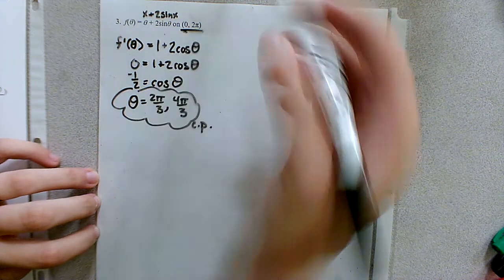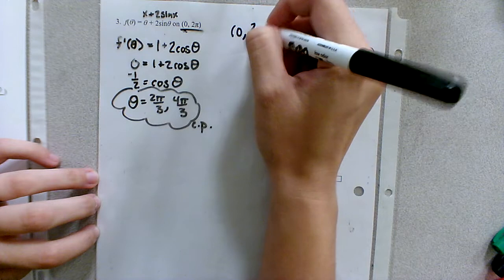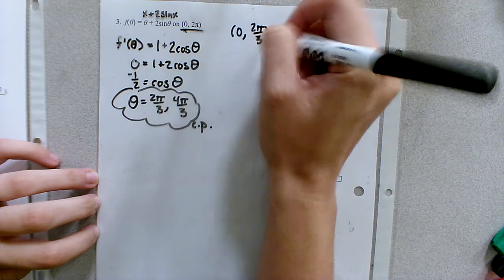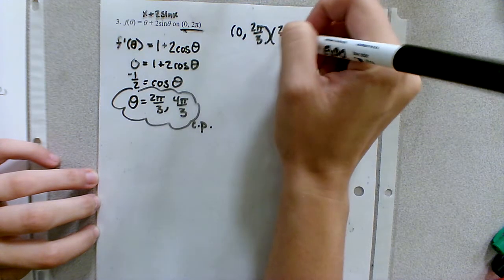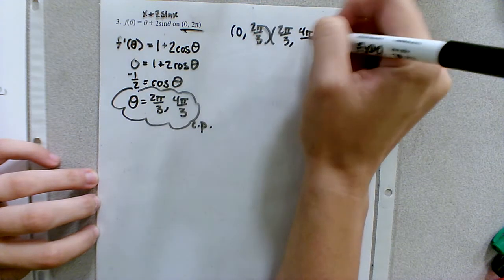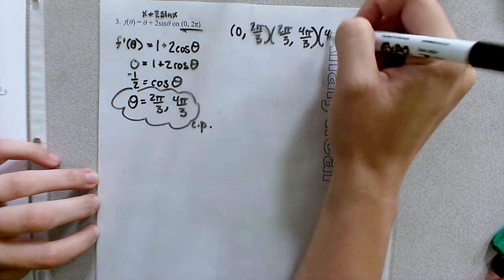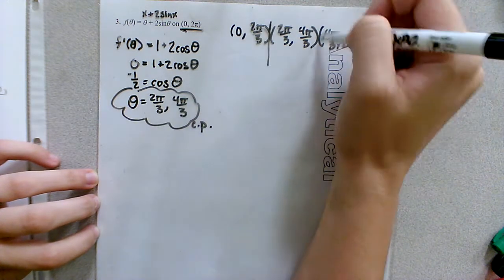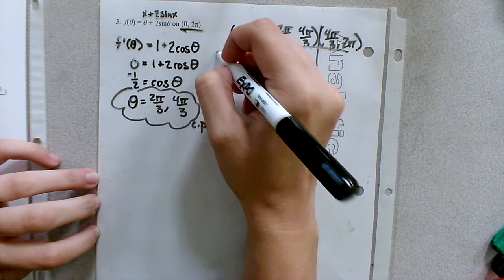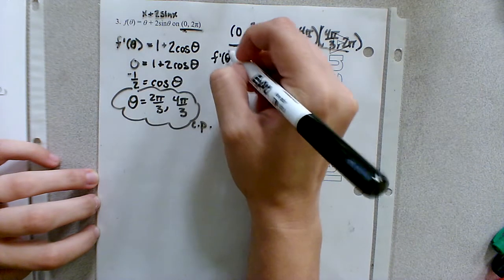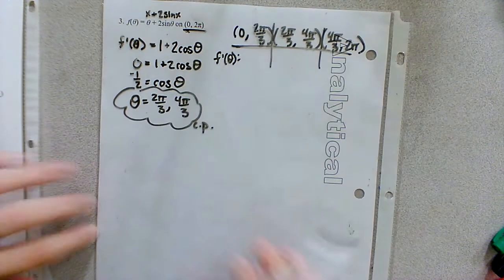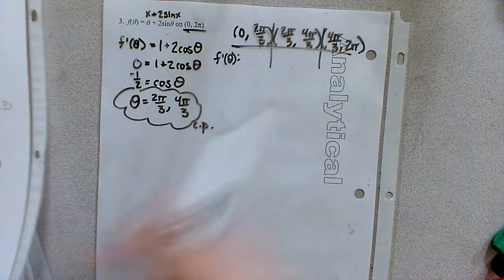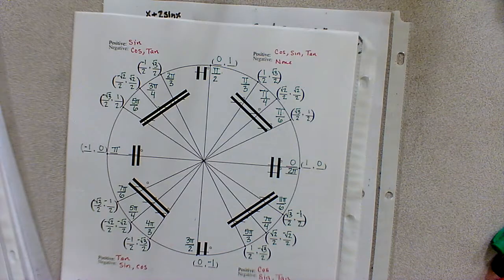So our domain is 0 to 2 pi. And we'll go in order with the critical points. And we're going to pick a number within the interval, and we're going to plug it into the derivative to see if it's positive or negative. So pick any angle you want between 0 and 2 pi over 3.